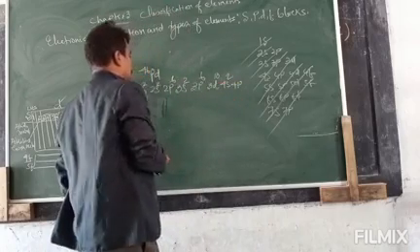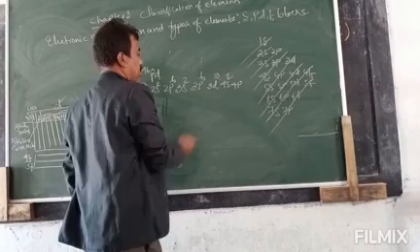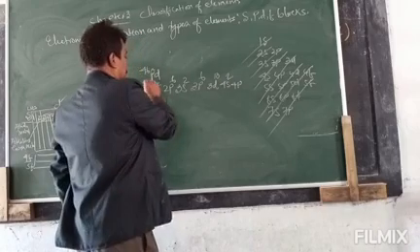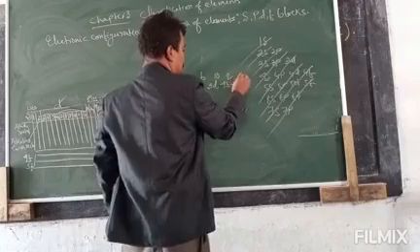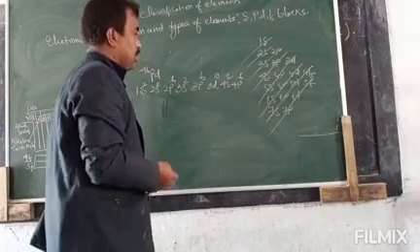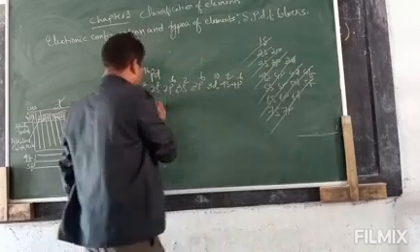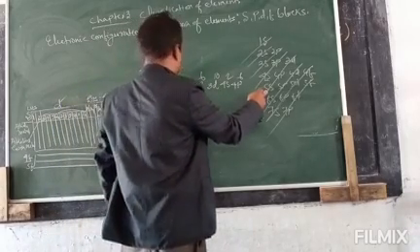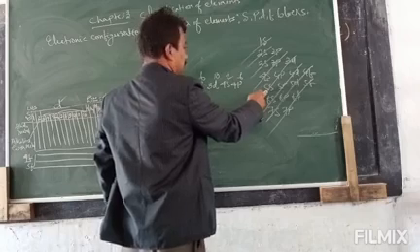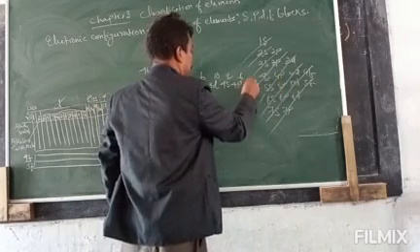Then we have 10, 20, 30, and 6 more, that is 36. After 4p, we need to go to 5s, so we have 5s2. So 36, 38. Then after 5s, we need to go to 4d.